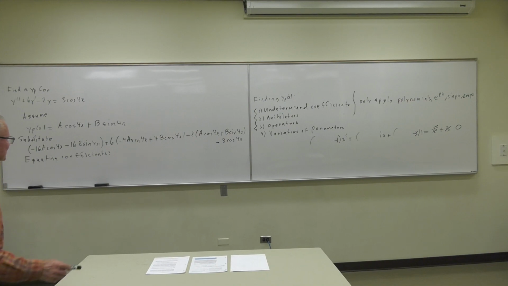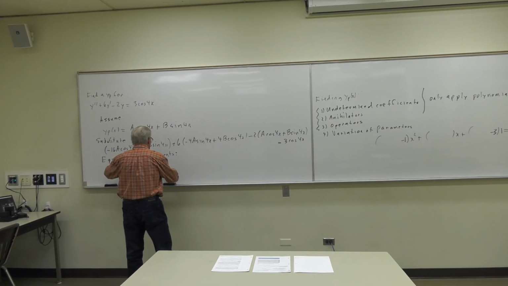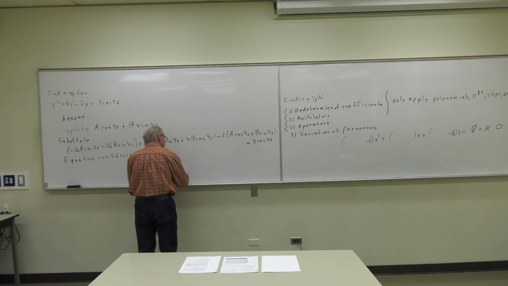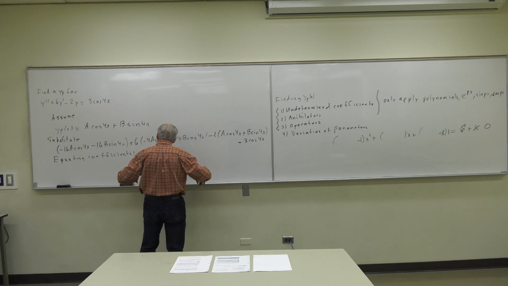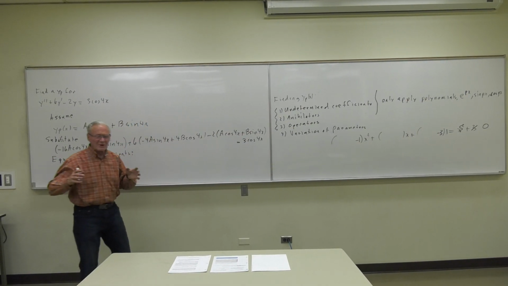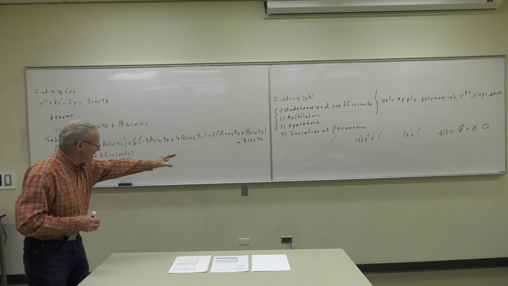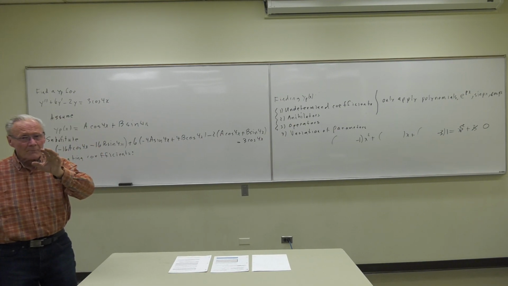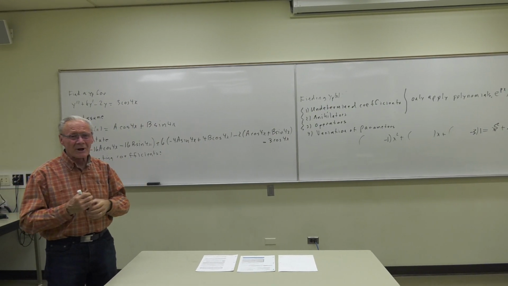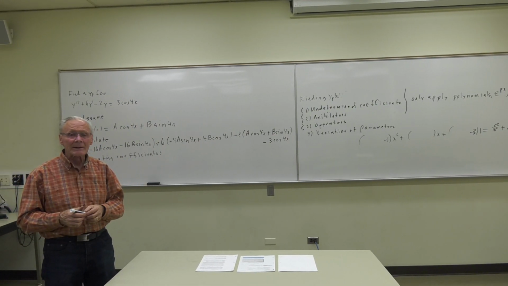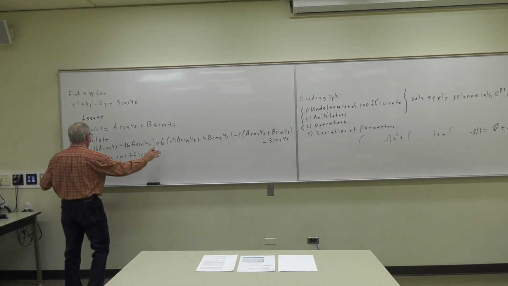And the same thing would be true here. If I gathered all of the cosines together, and all of the sines together, on the left-hand side, and put it equal to 0, the only way the equation could be satisfied is if both coefficients are 0, because cos and sine are linearly independent. But we simply say equating coefficients.